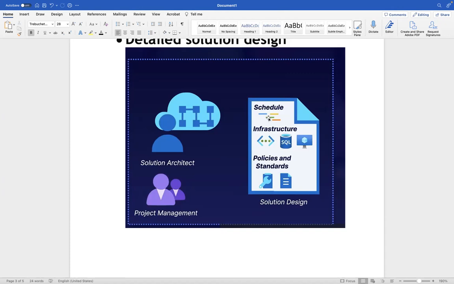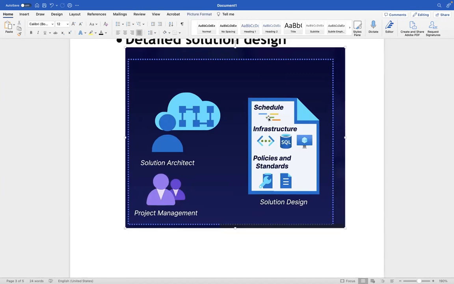Again, it really does depend on what type of engagement it is, how big or how small it is. It might just be a solution architect, or it might have a few project management resources or engineers and so on. But ultimately, it's going to be the same sort of steps that you're performing.